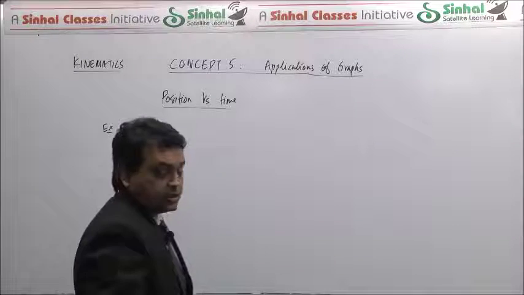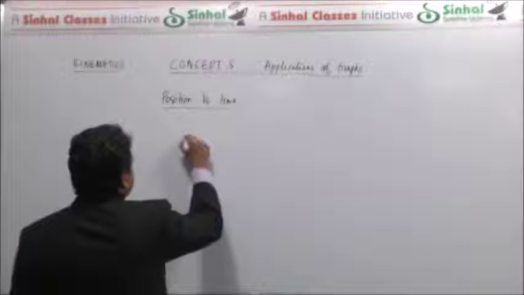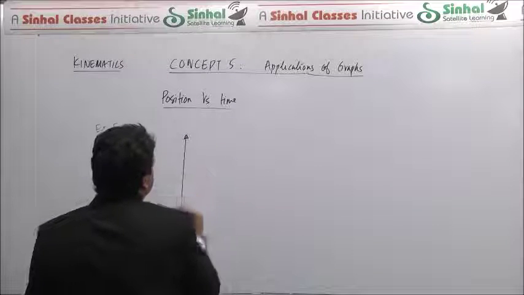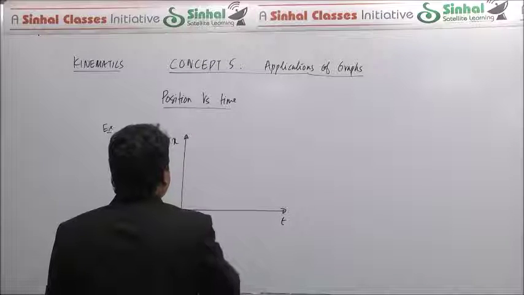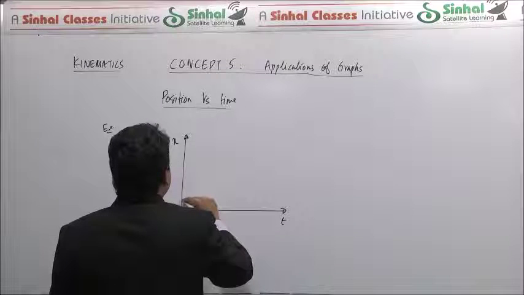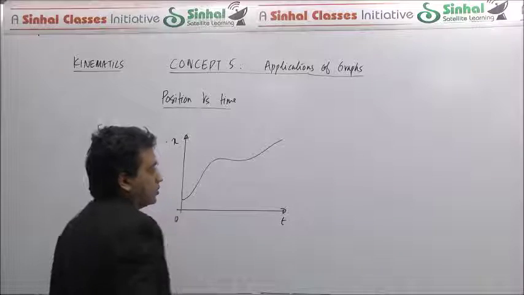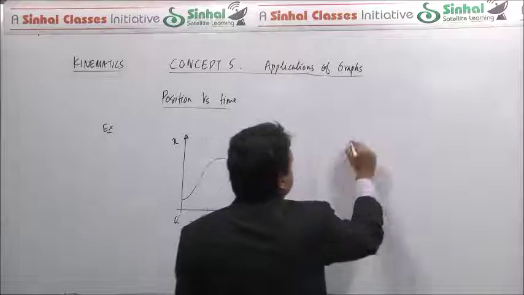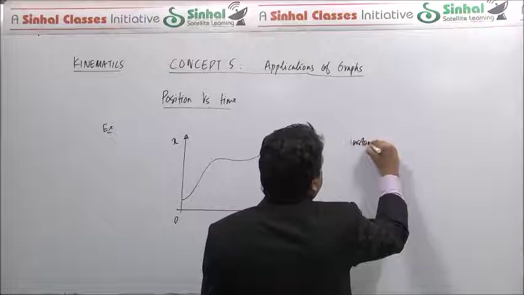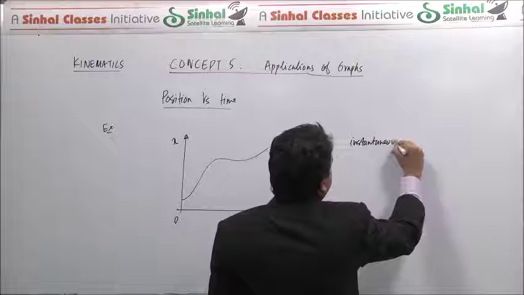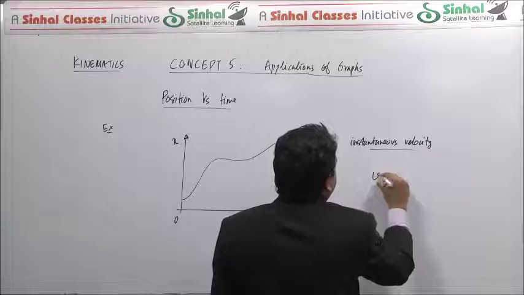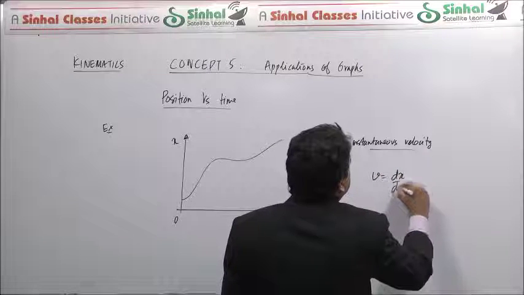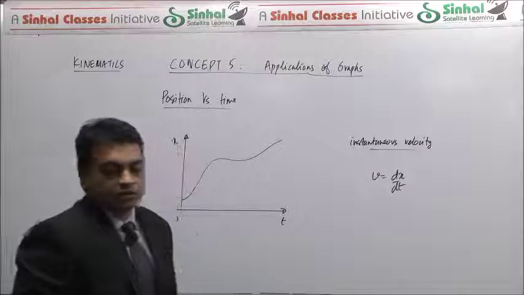Now instantaneous velocity. Once again, if the position versus time graph is, let's say, something like this. Instantaneous velocity is defined as the instantaneous rate of change of position with respect to time.